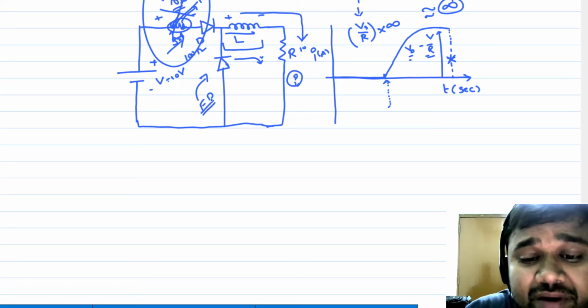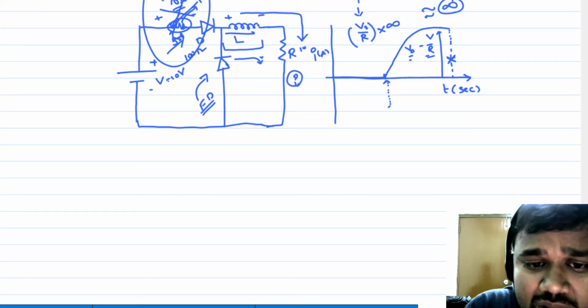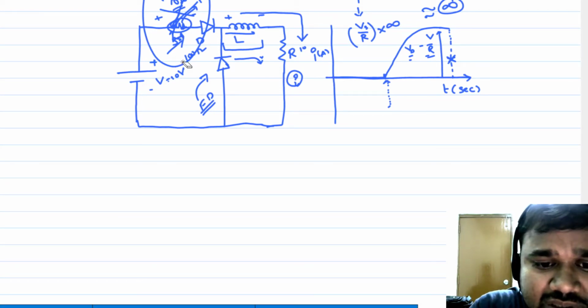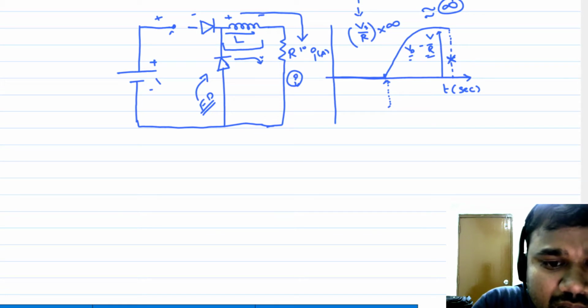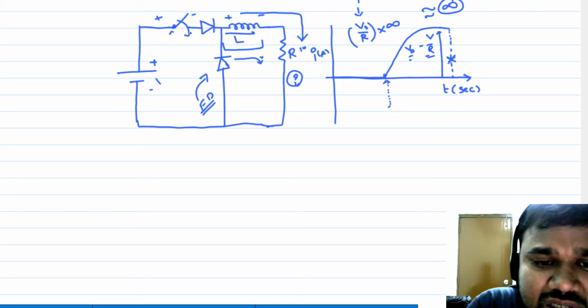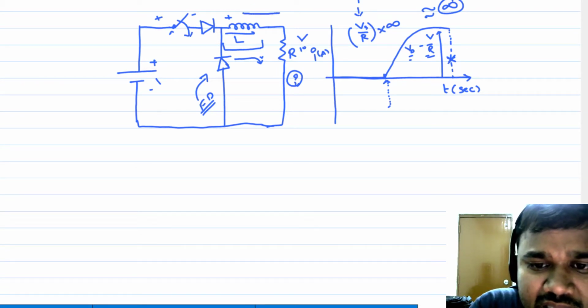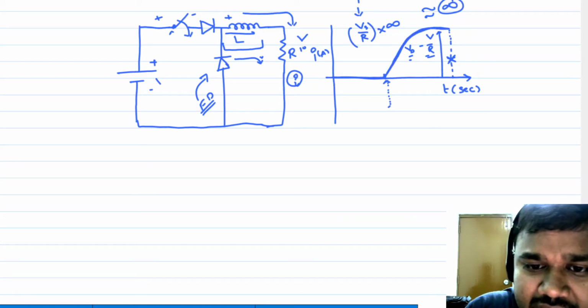What is meant by freewheeling? Let's look again at our initial design. When I close the switch, the current starts flowing through the inductor, and it slowly rises to one point.